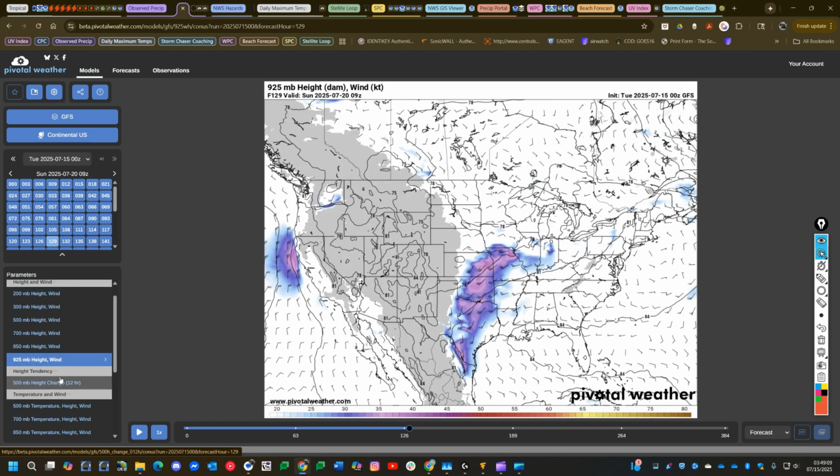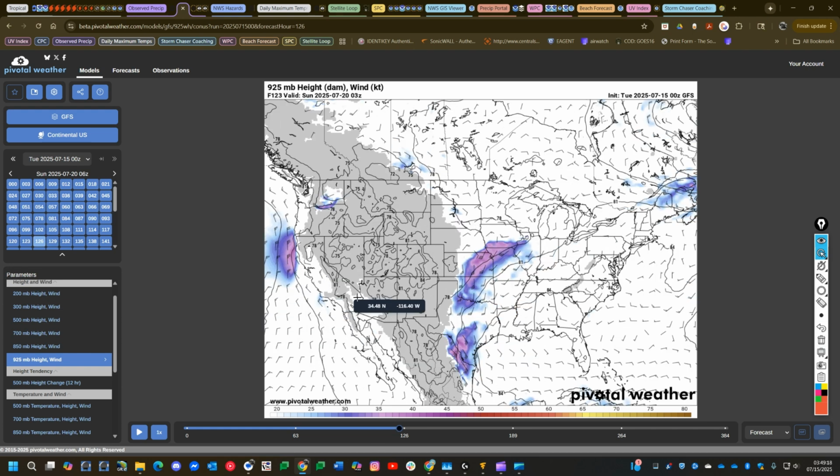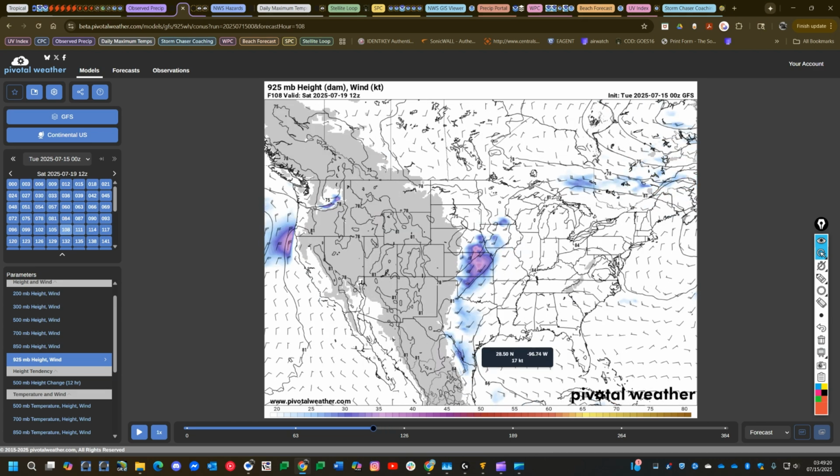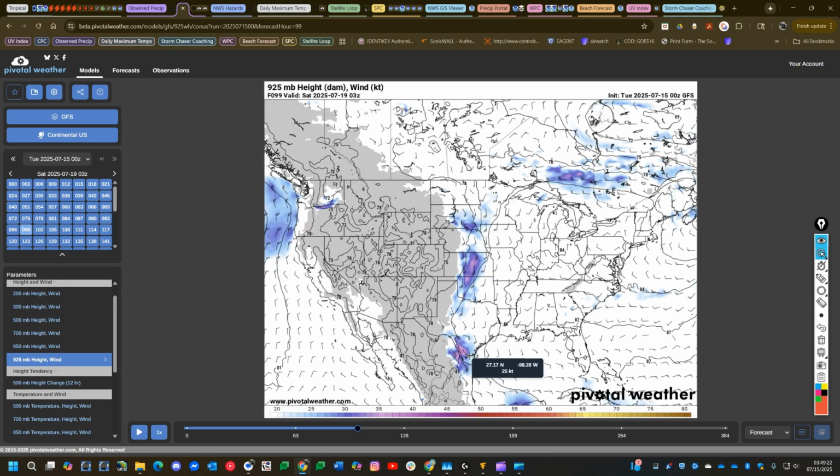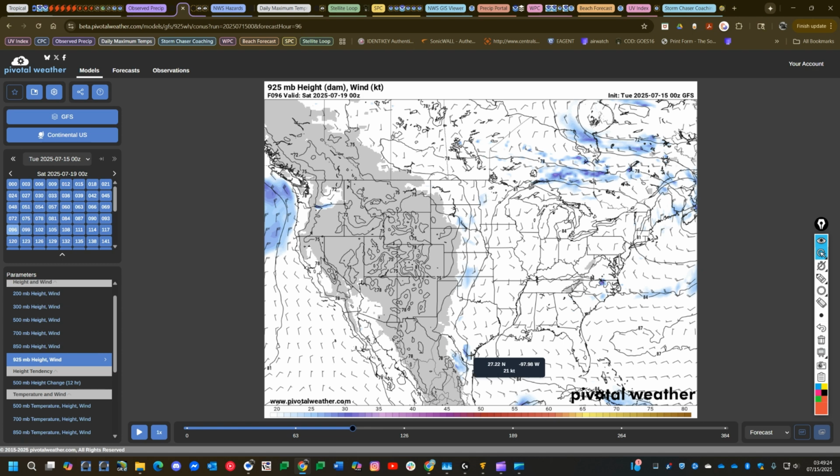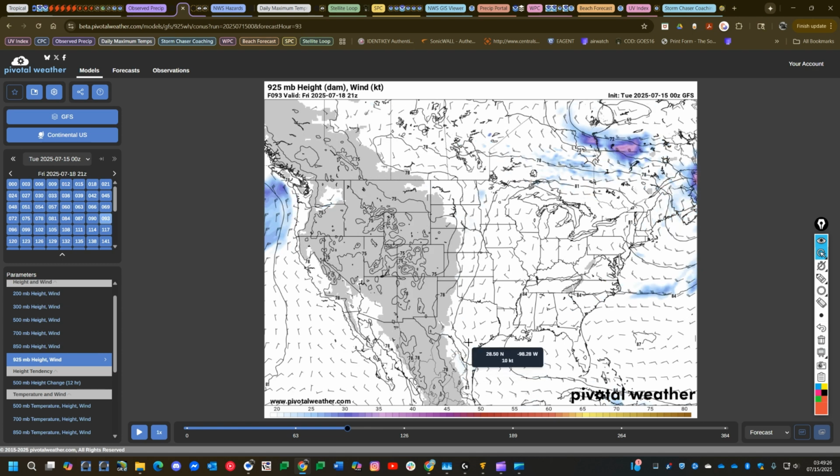Let's take a look at the low levels. You can see at the lowest levels, the enhanced moisture transport continues.